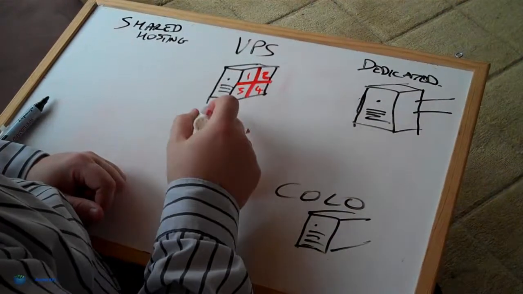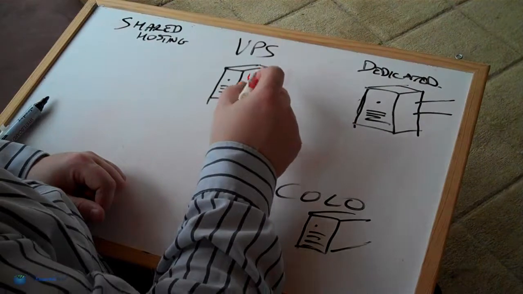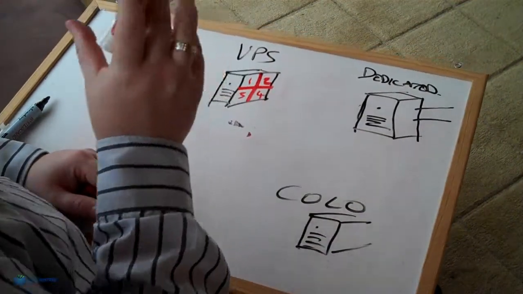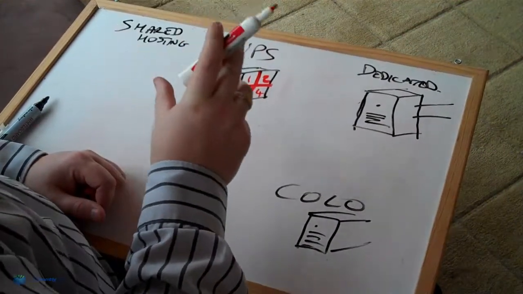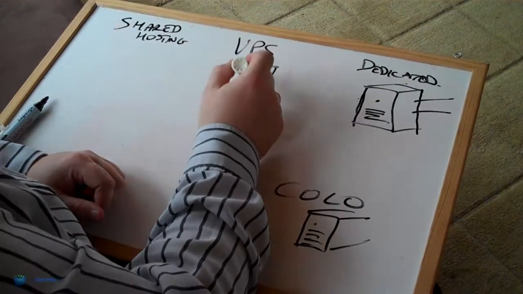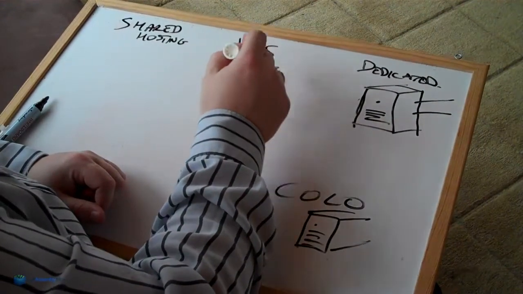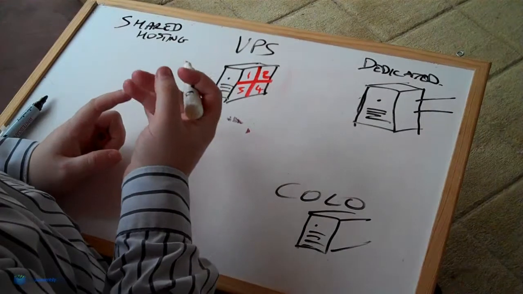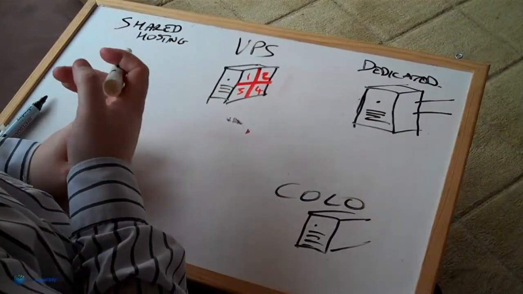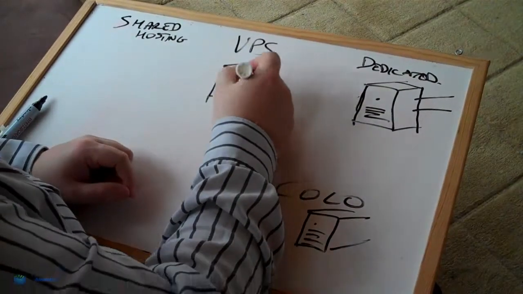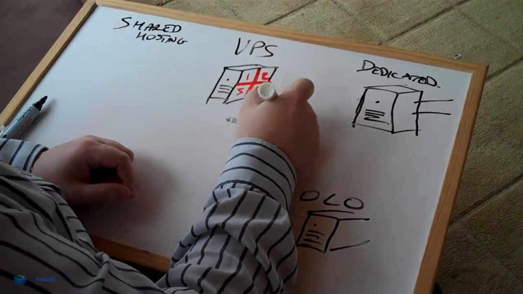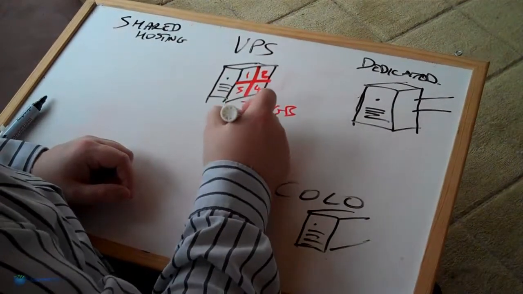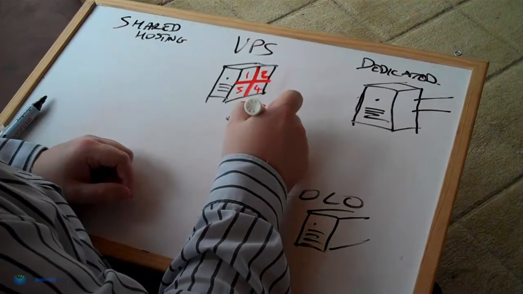What you do with the VPS is you have a fixed amount of resources on that machine. For example, you can have a certain amount of RAM. Let's say the server has 32 gigs of RAM. You may say, well, I want 4 of those gigs.